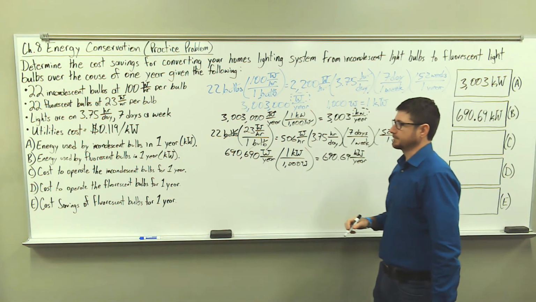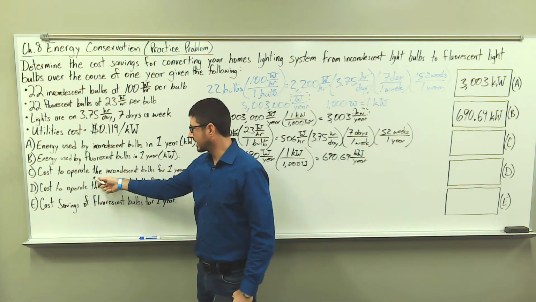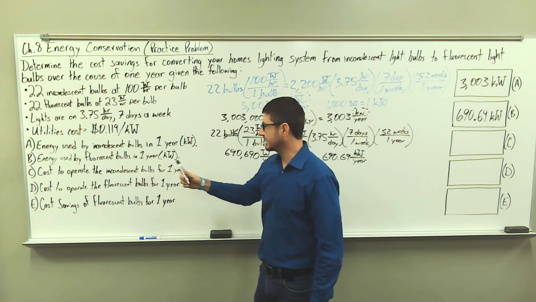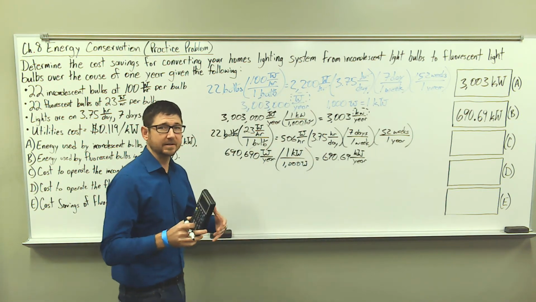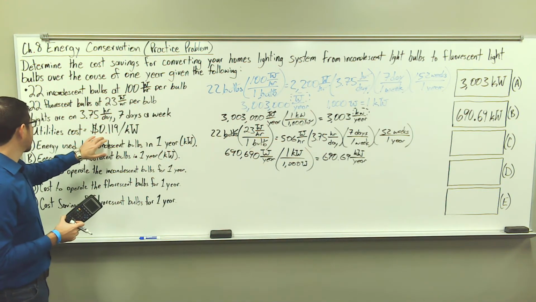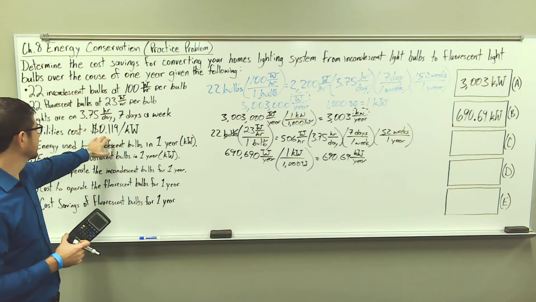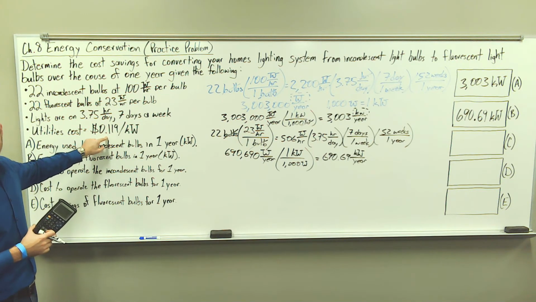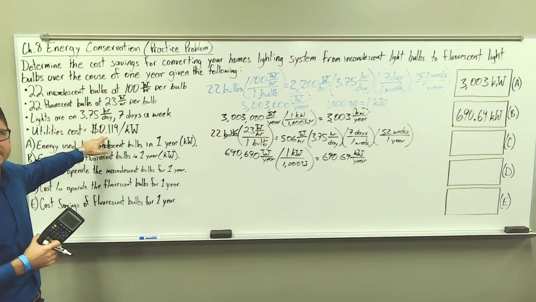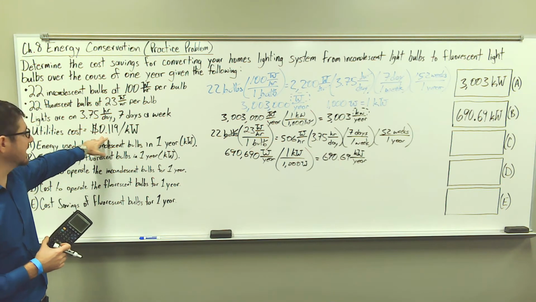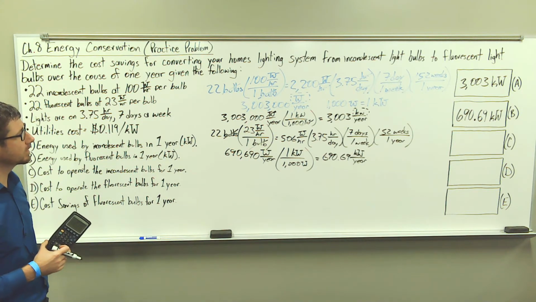So for part C, it wants us to calculate the cost to operate the incandescent bulbs for 1 year. Now, in our givens, it tells us that the utilities cost is 11.9 cents. And like I mentioned earlier, in decimal form for dollars, this is 0.119 per kilowatt.